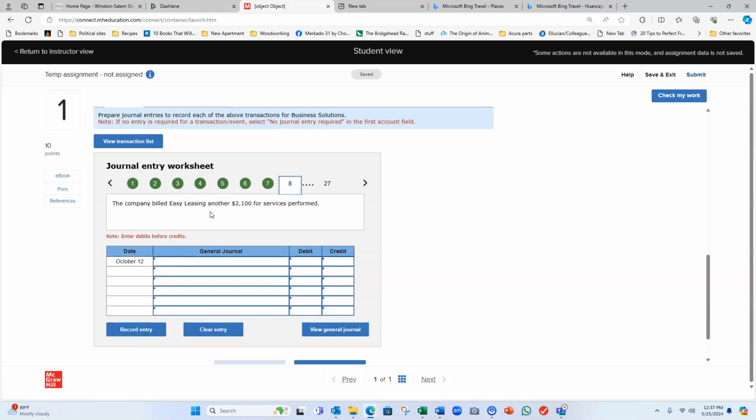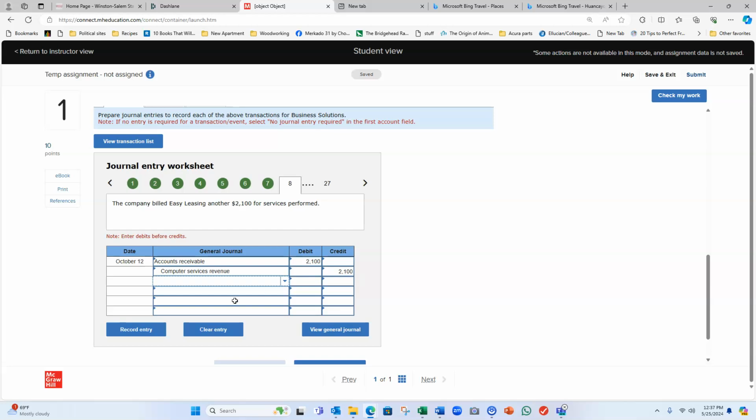Company billed Easy Listening for another $2,100 for services performed. Oops. Accounts receivable. Again, debit the receivable, an asset, increasing the asset side of the equation, the left side of the equation.